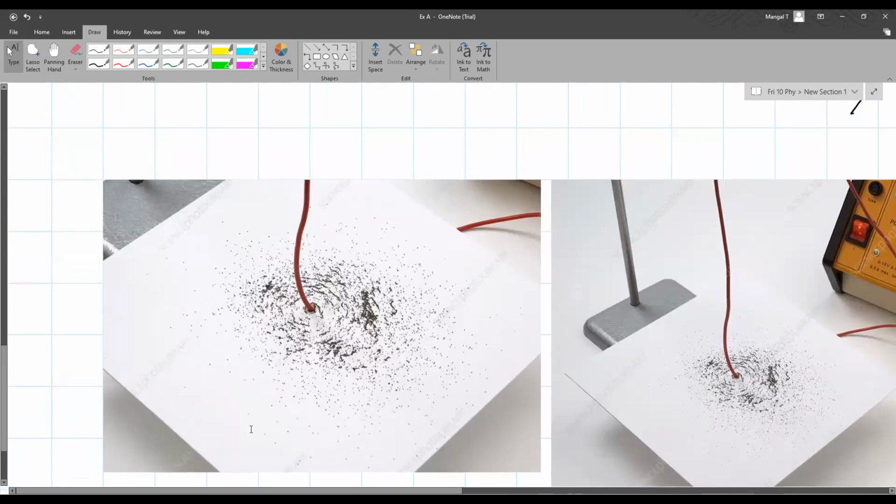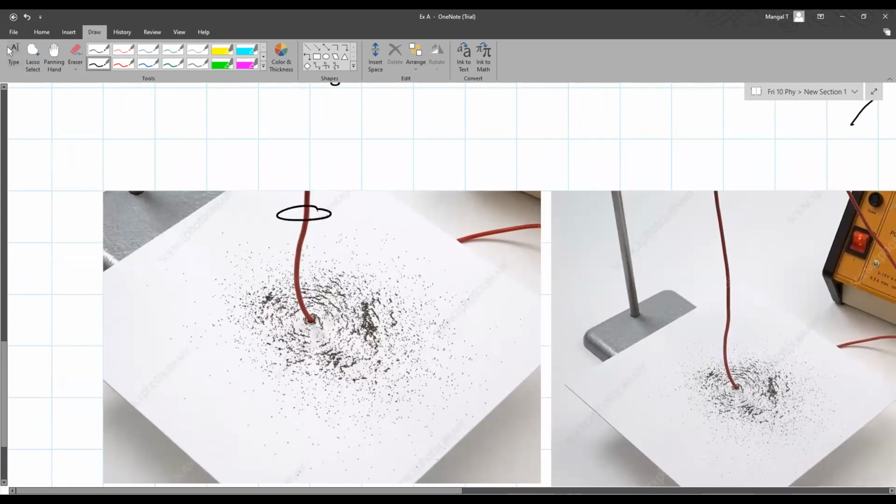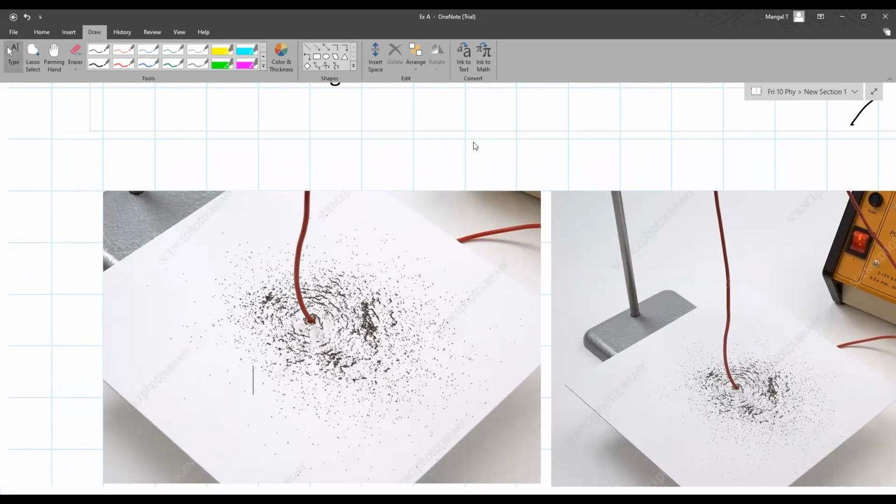There is a magnetic field that is created around this wire, and this magnetic field is circular in nature. You can see that there are these concentric circles that are formed, and they are such that the center of the circle lies on the wire. The center of the circle lies on the wire. So this is the nature of the magnetic field. Any questions so far?